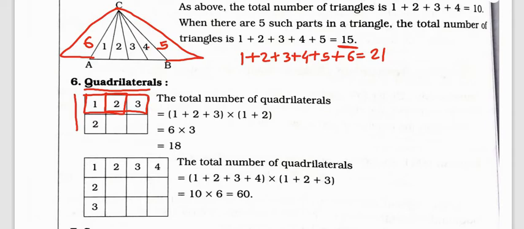Add horizontally, that means 1 plus 2 plus 3, and remember this sign is multiply by, add horizontally, that is 1 plus 2. 1 plus 2 plus 3 is 6, and horizontal addition is 3, that is 6 3s are 18 quadrilaterals are there.